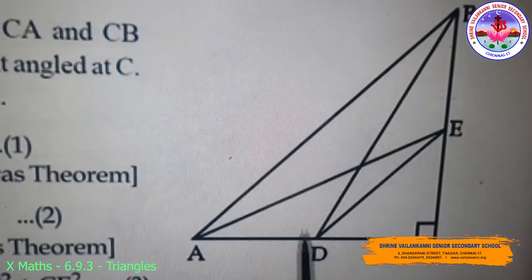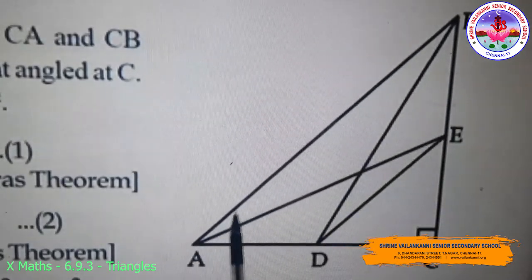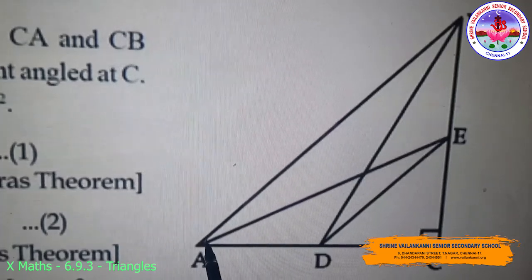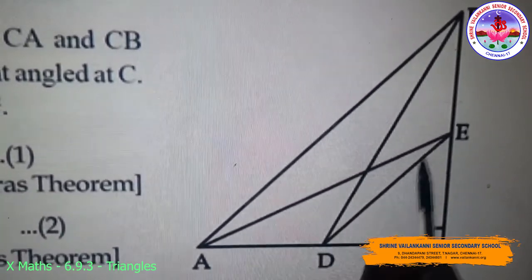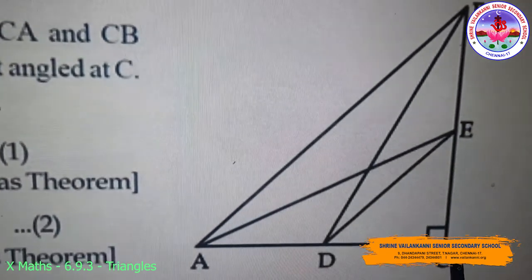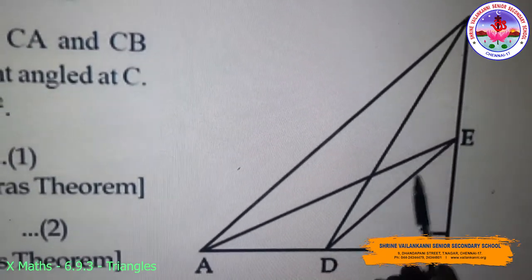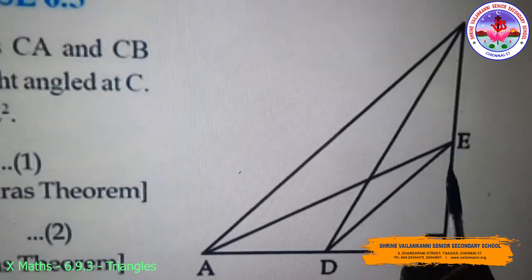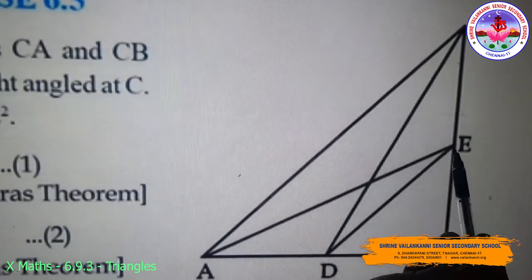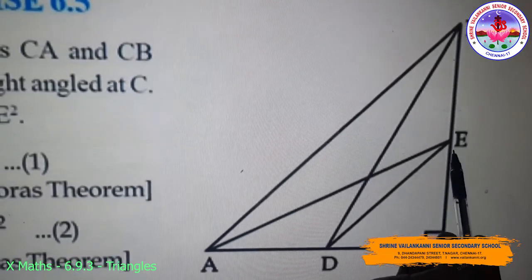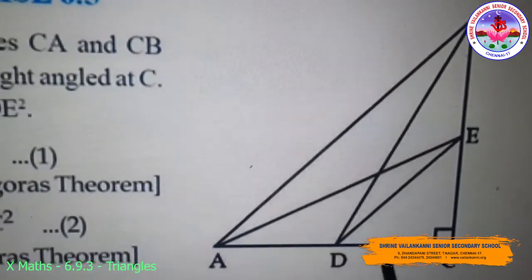In triangle ABC, where AB is the hypotenuse, I want to find AB squared by Pythagoras theorem. As well as I want DE square, so I am going to take triangle DEC. DE is the hypotenuse, so DE square is equal to EC square plus DC square.